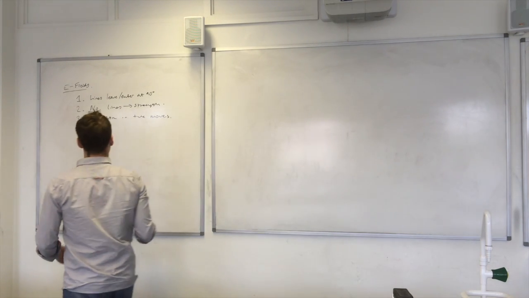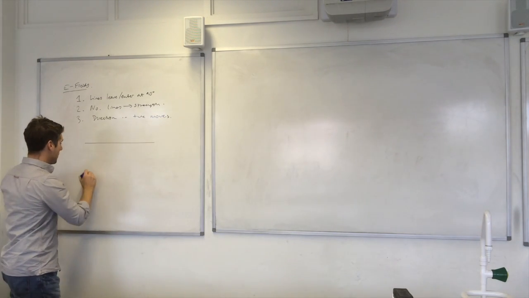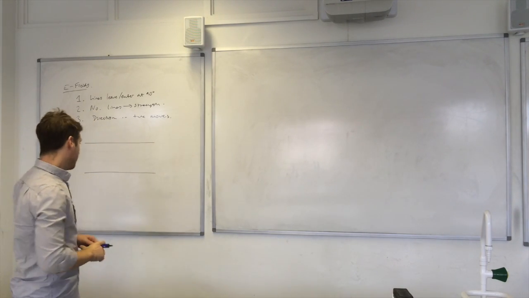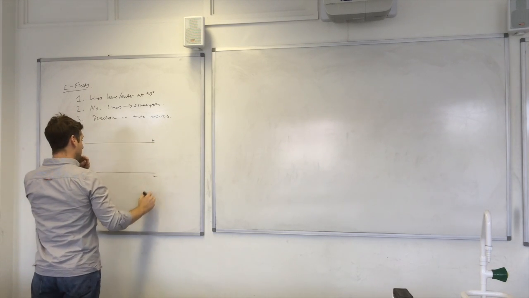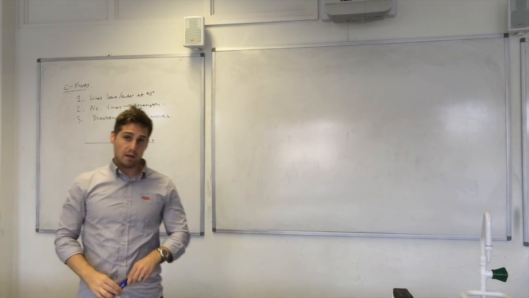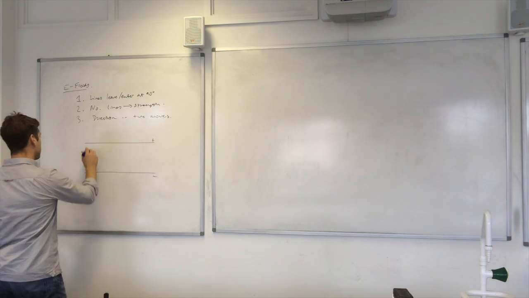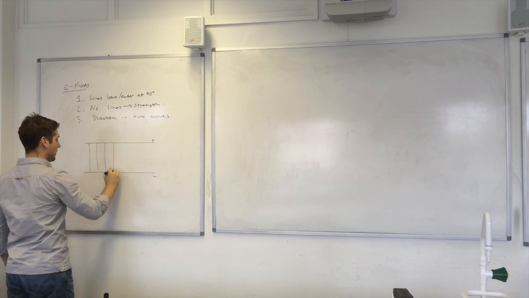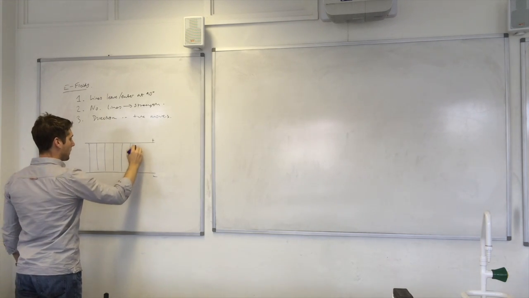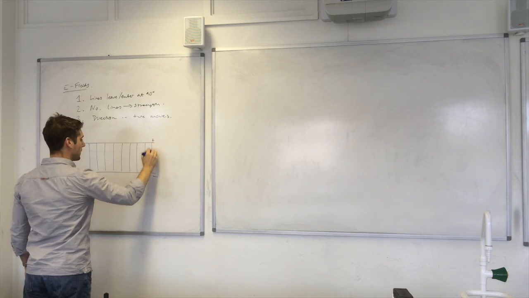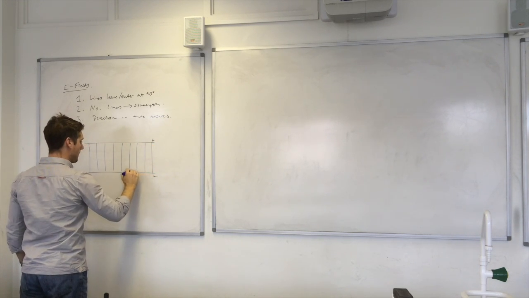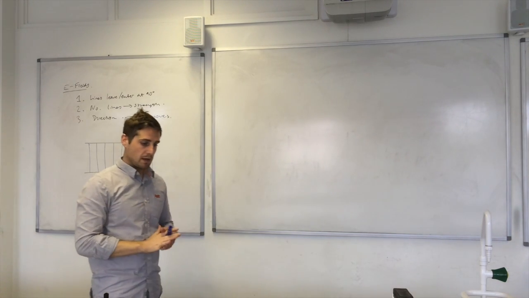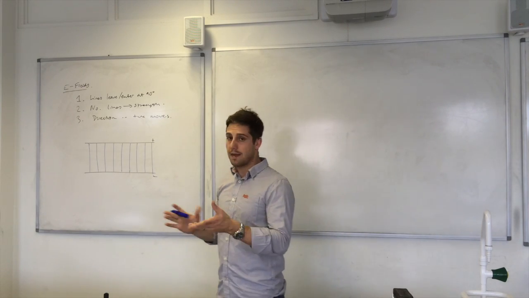So let's take a uniform field. Parallel plates come up a lot in exams. I wouldn't be surprised if you got one. So positive, negative. Field lines must leave and enter the surfaces at 90 degrees. Mine aren't quite touching, but they should do. Okay, they're leaving and entering the surfaces at 90 degrees, and they have direction.